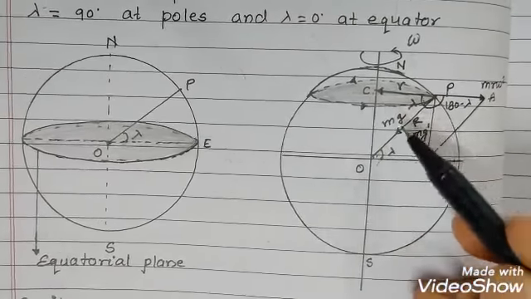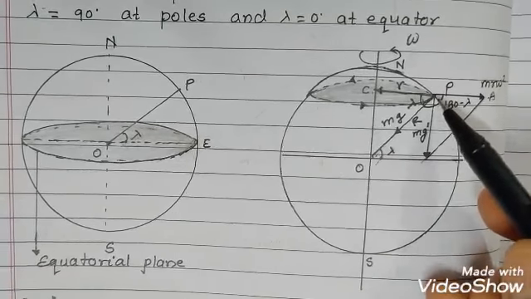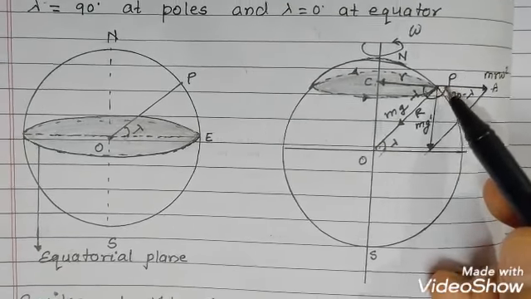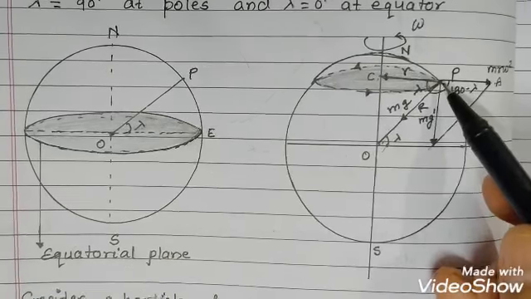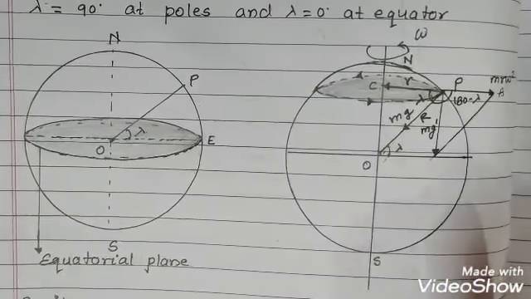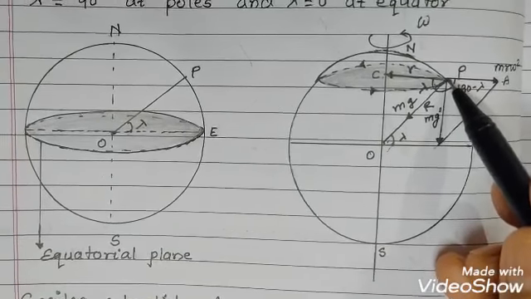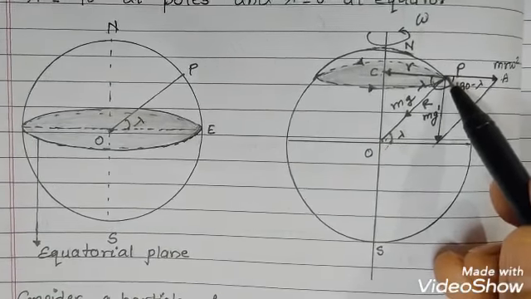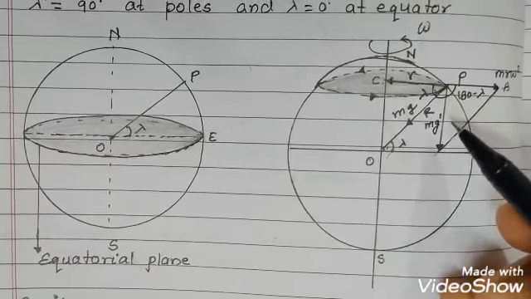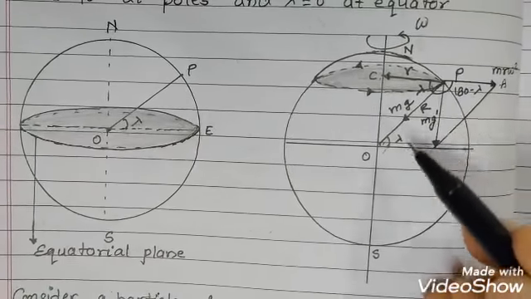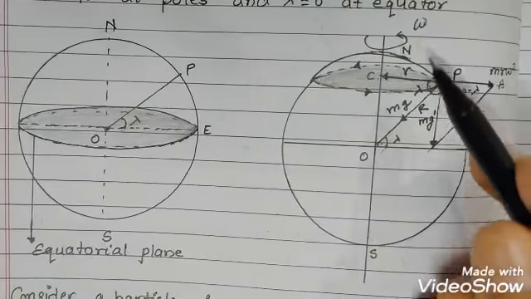Now suppose g, small g, is the acceleration when the earth is at rest. That means when the earth is at rest, the acceleration due to gravity at point P is g. Okay, now what happens because the earth is rotating with angular speed omega?